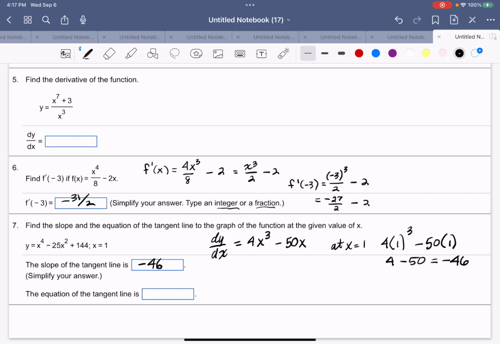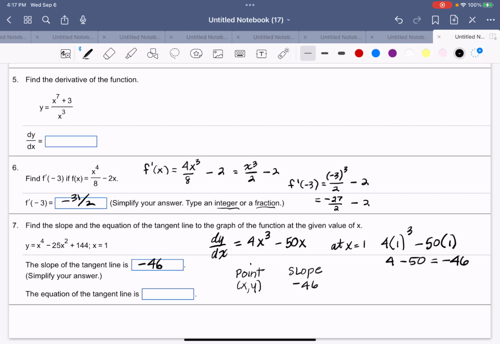It's a pretty steep downhill line. So to write the equation of the tangent, we need a point, that's an x and a y, and we need the slope. And we know our slope already. Our slope is -46. So the point we're going to use is where x is 1. So we need to find the original function y.